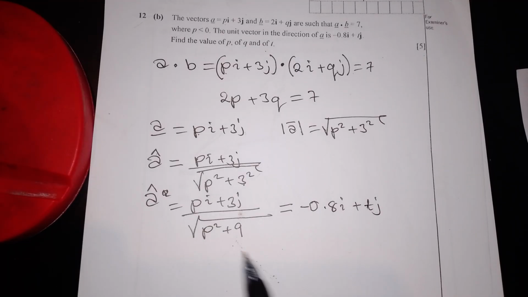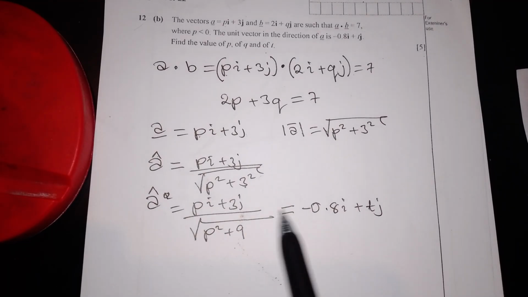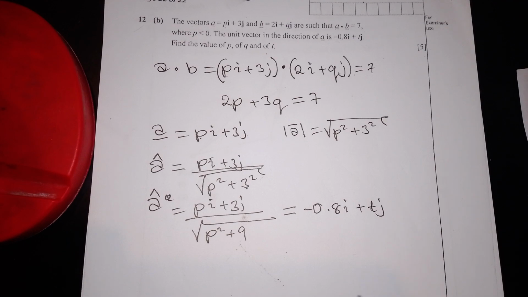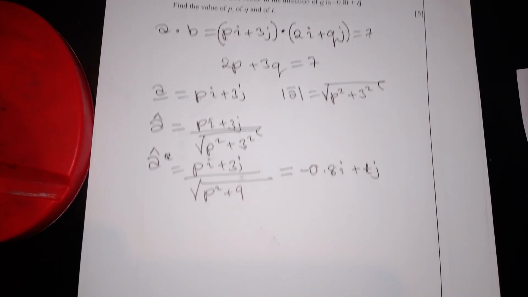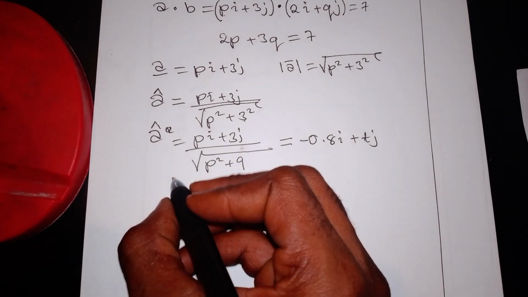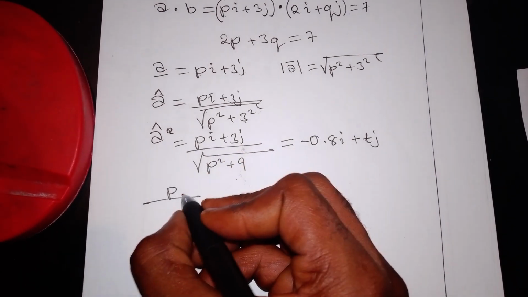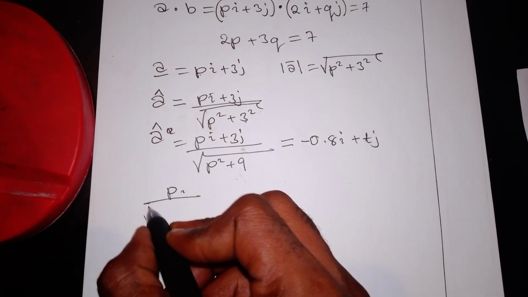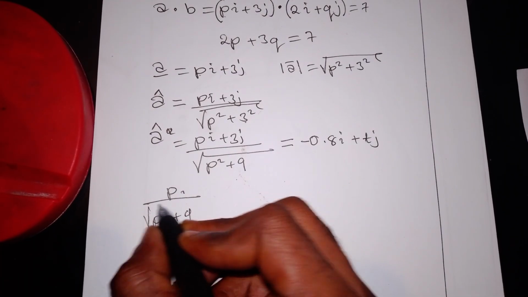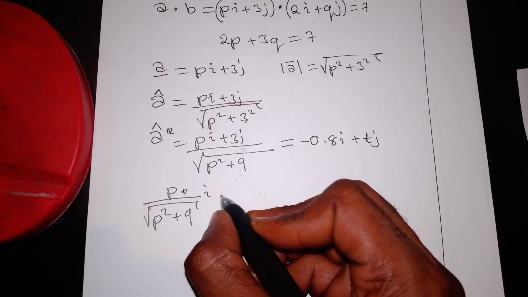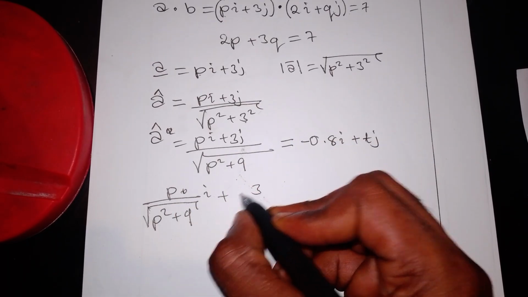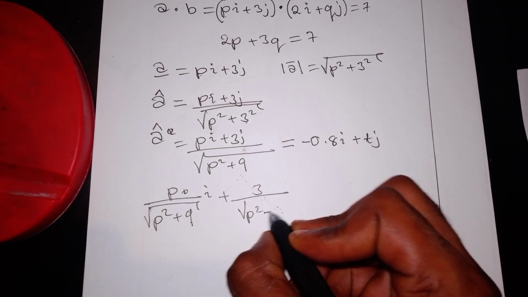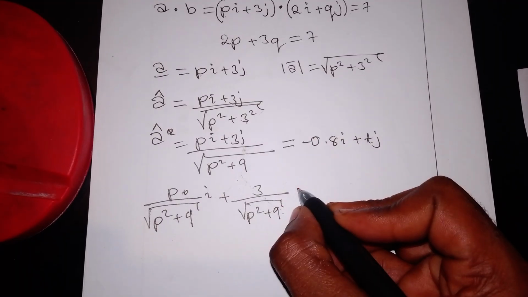And then you can get two equations from this by separating the i components from the j components. So I'll do it step by step. So p over the square root of p squared plus 9, you can even put your i there, and then plus 3 over the square root of p squared plus 9 j.